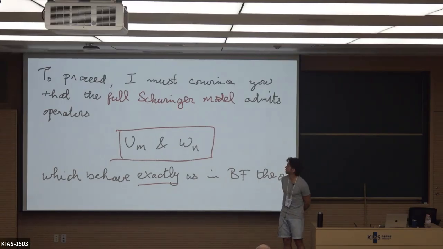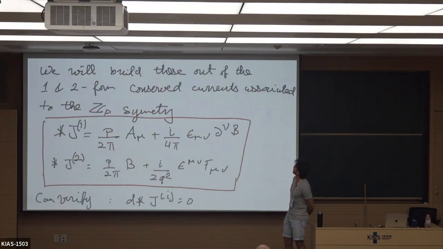Okay, so it's possible to do that, and all we have to do is consider the 1 and 2 form conserved currents associated with the ZP symmetry. And I can write those down exactly for this model. It's very simple. I just have to construct these two objects. So this is the 1 form current.